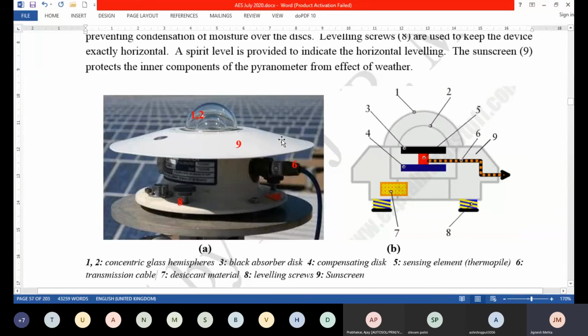So it is a protecting guard or guard plate, which is used here to protect the inner components, particularly from rainfall.